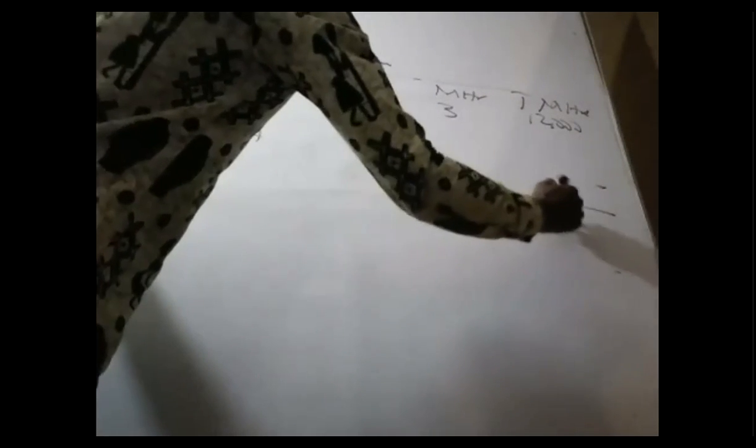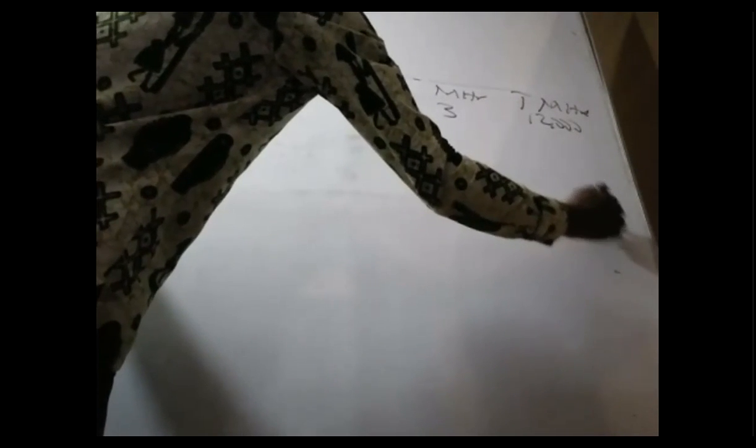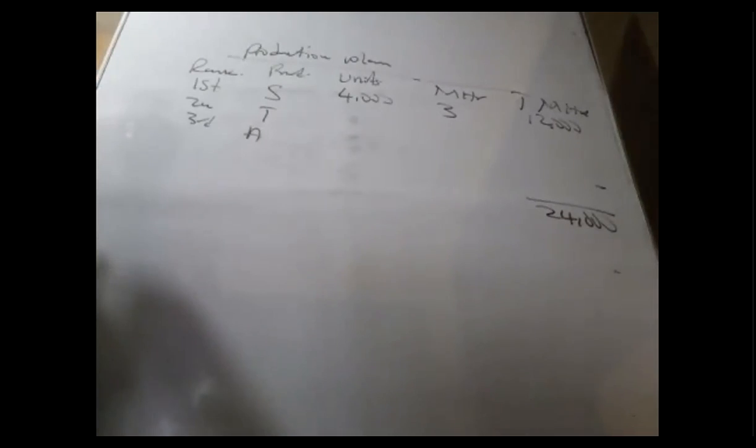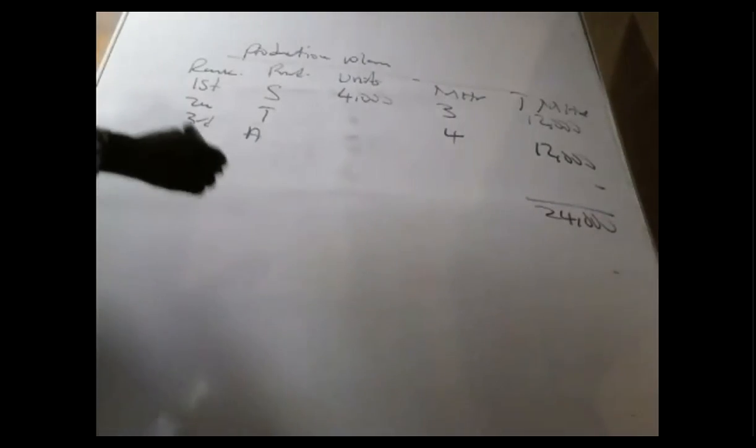All we can produce is this. We cannot produce the 4,000, so we bring in what is left of the 24,000. If I take 12,000 from it, I'm left with 12,000.